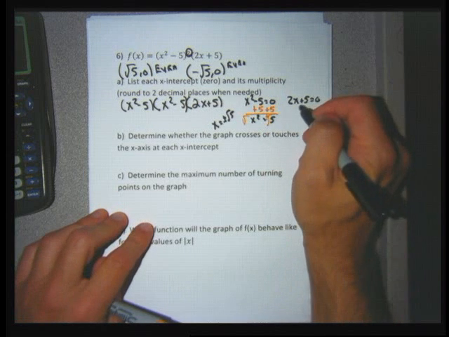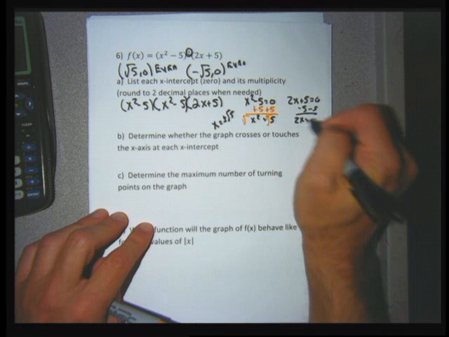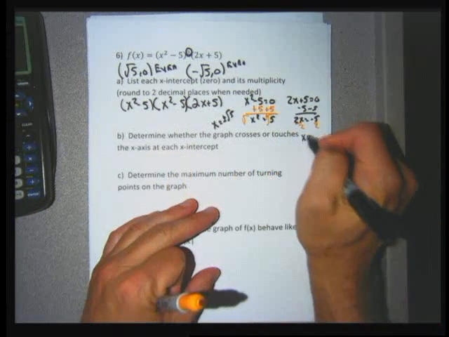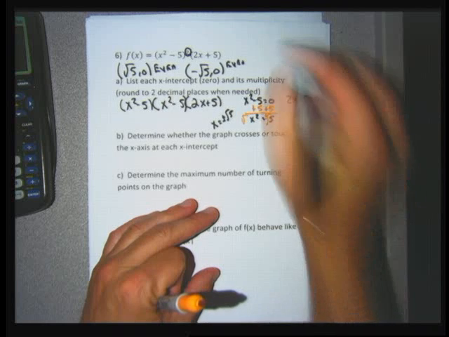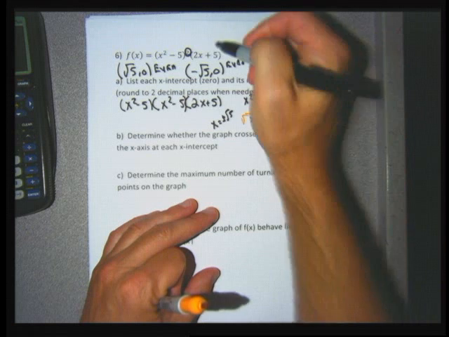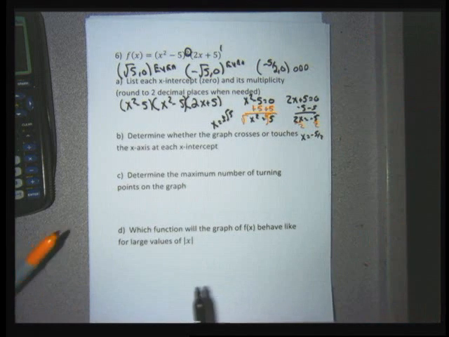For this next one, for the 2x plus 5, I'm going to subtract 5 and get 2x equal to negative 5, and divide by 2 and get x equal negative 5 halves. And at this negative 5 halves, comma 0, the exponent that made that was 1, so that has an odd multiplicity.